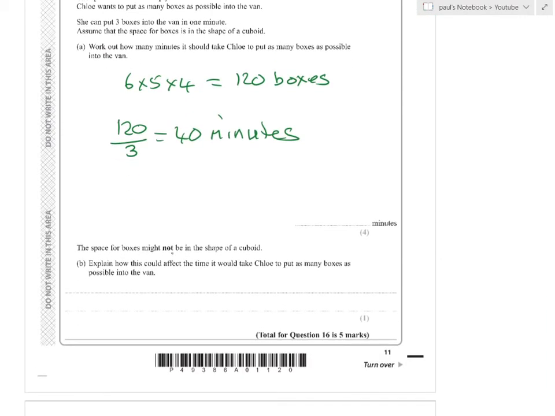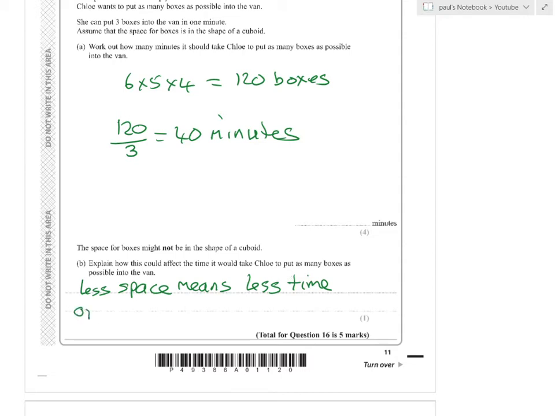The space for the boxes might not be in the shape of a cuboid. Explain how this could affect the time. Maybe less space means less time, if it's not quite a cuboid.